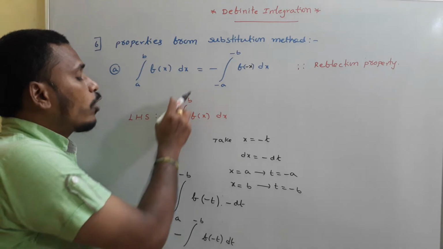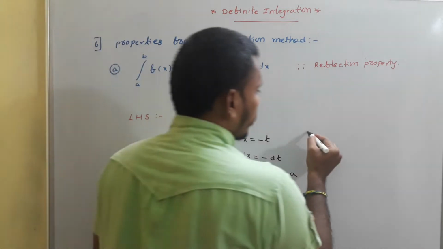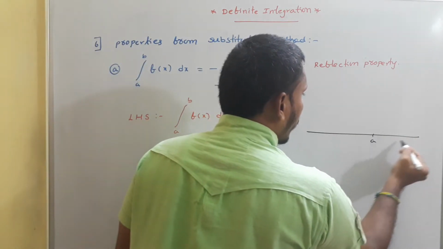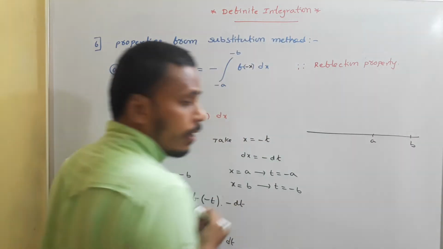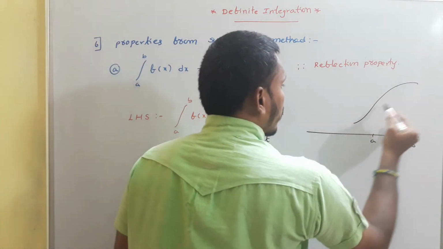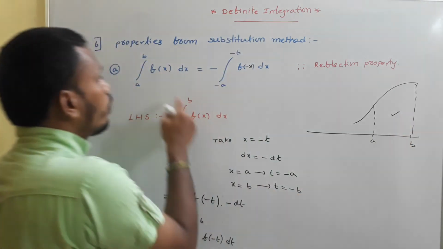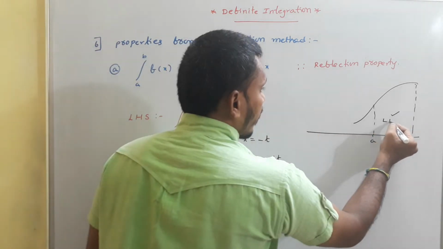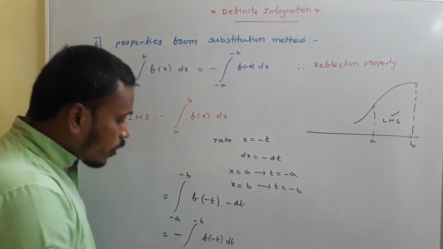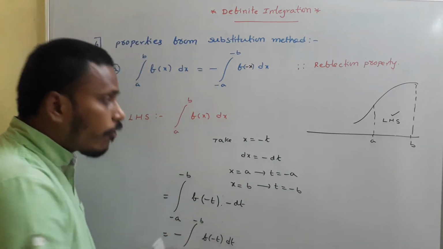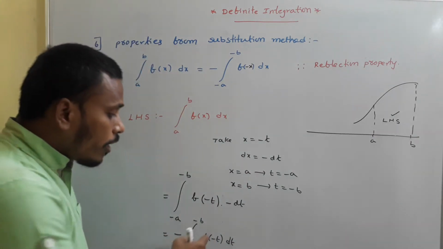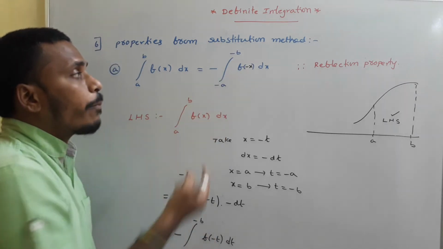Okay, integral a to b f of x dx. Suppose somewhere we have a here, we have b here, and this is f of x. So this is the integral a to b f of x dx, that left hand side value. And what do you say about this minus a to minus b f of minus t dt? If you replace x with minus x, what will happen?